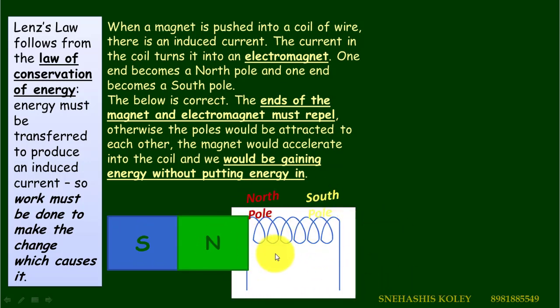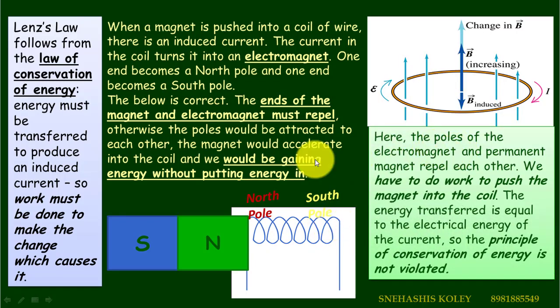So when we bring the north pole towards it, it will produce an induced current in the anti-clockwise direction, which will produce a north pole at the nearest end, and the two north poles will oppose each other. Due to the presence of this opposing force, we have to do some work to bring the north pole forward towards the electromagnet.